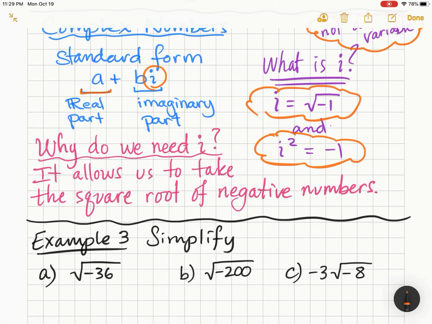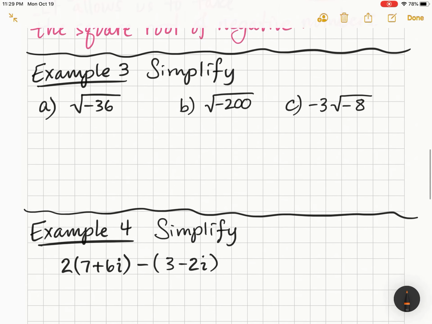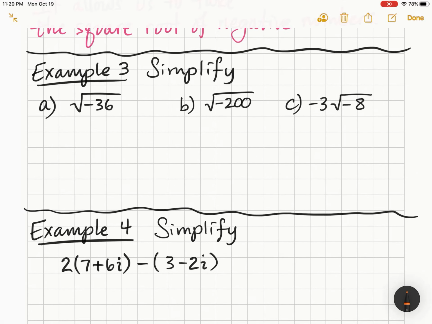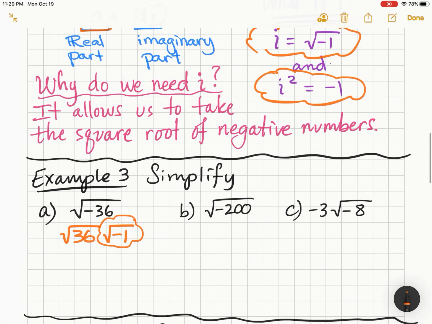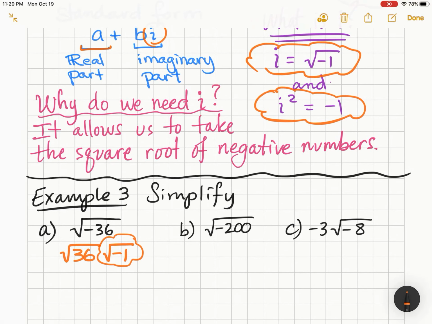So why do we need i? It allows us to take the square root of negative numbers. In the past, we haven't been able to do that. Now we can. So using those properties to simplify, now I can say, well, 36 is a perfect square already, and then put -1 by itself. And what is the square root of -1?